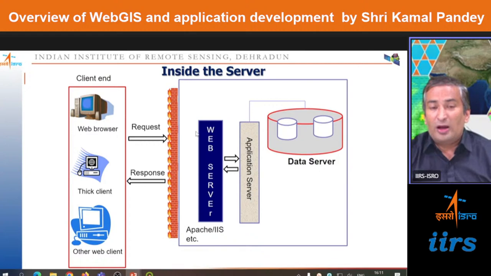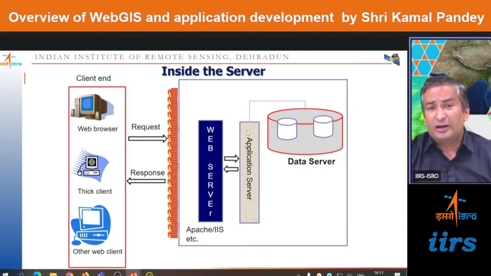Now, suppose you have an application. It can be a GIS application. The web server cannot handle the GIS application or any other business application directly from its own end. It requires another software that is known as an application server. You can have a dedicated hardware for it, or you can install it on the same computing machine as well.